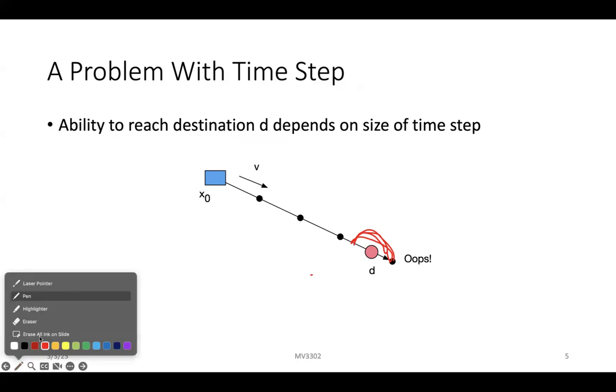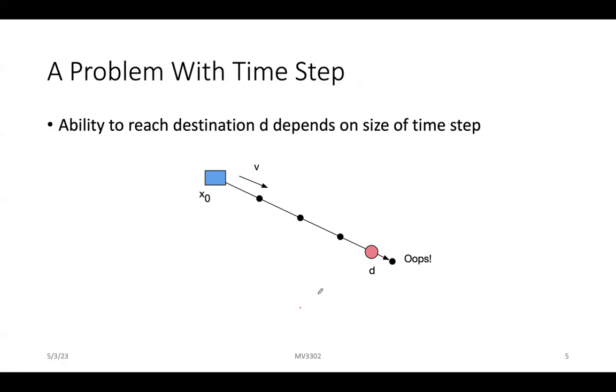This proved to be a problem in the scenario being developed, because the agent really needed to reach this destination at a particular point in order to do something. And it literally never got there.